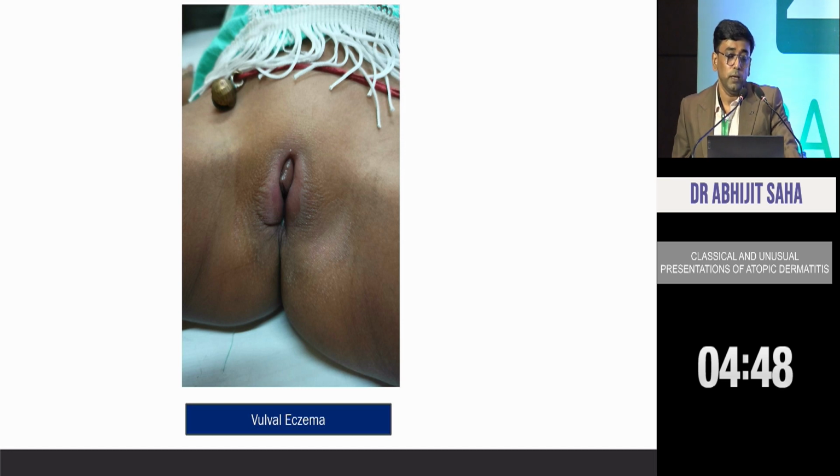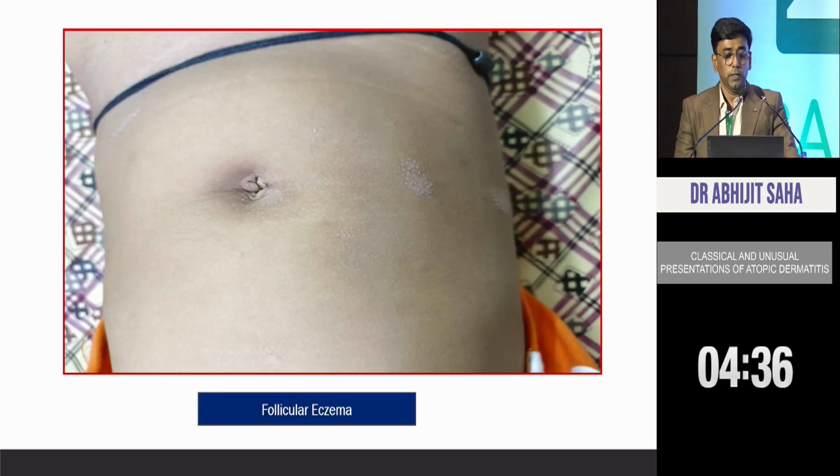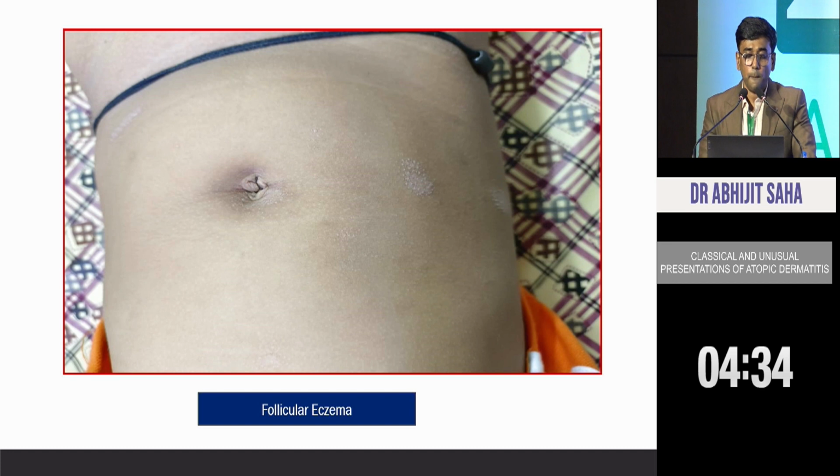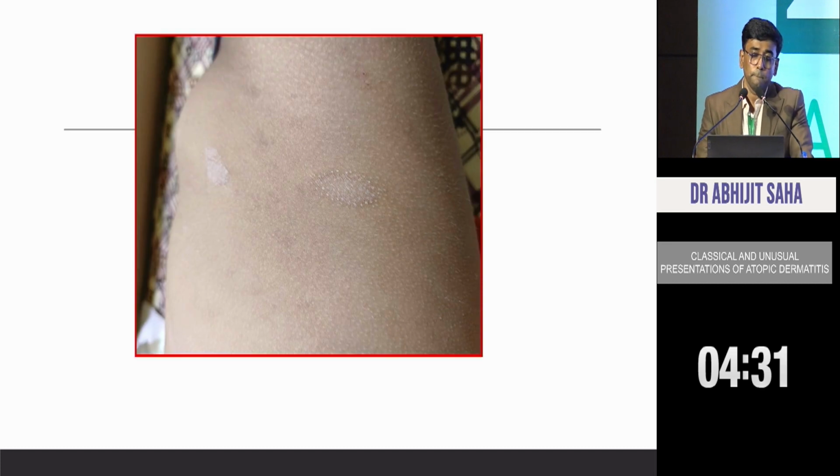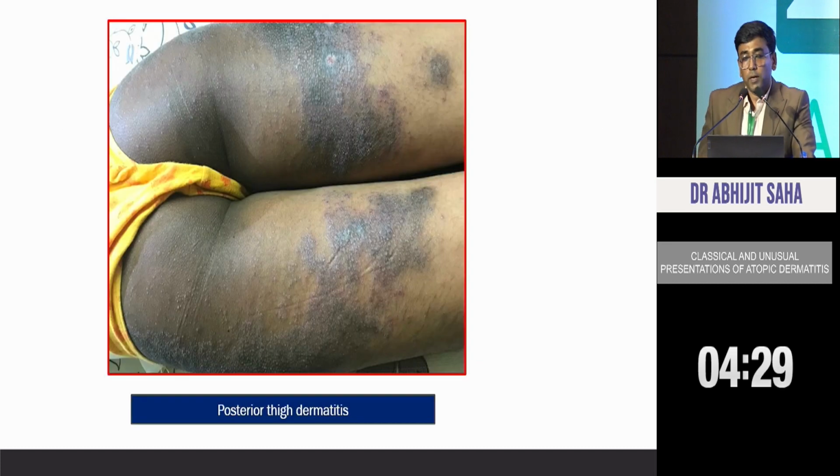The picture is self-explanatory. It's proof that even a small baby like this can scratch vigorously, rub vigorously, and you can see the vulva got rippled and lichenified. It can present as follicular eczema. Posterior thigh dermatitis.